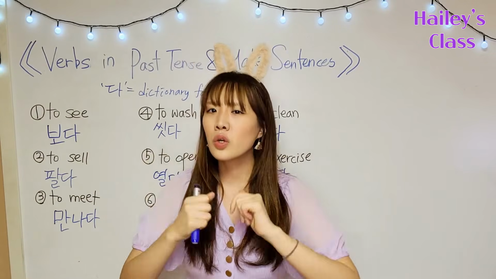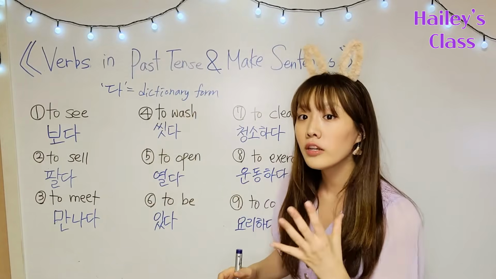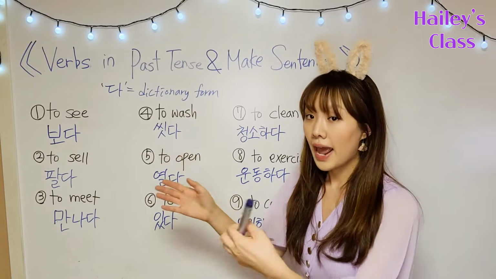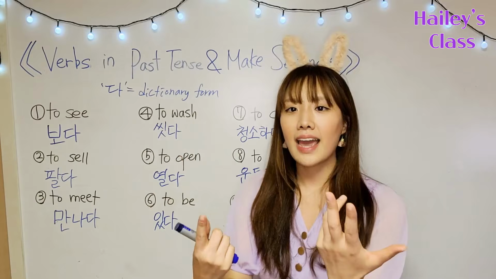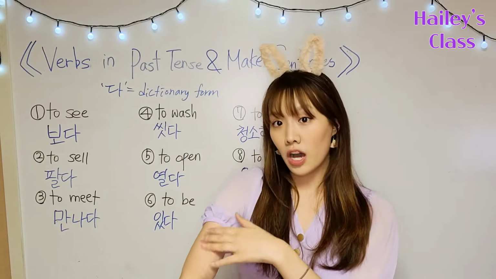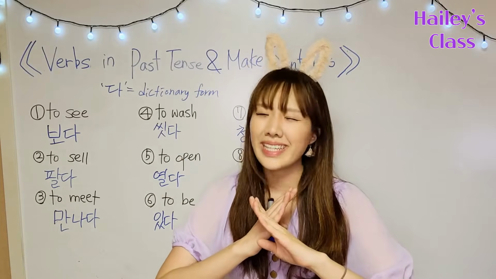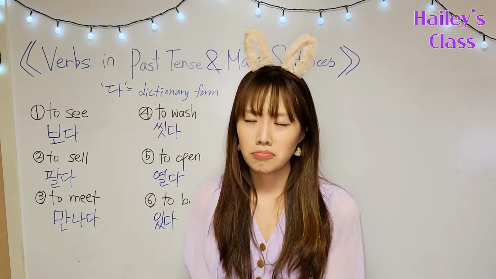But in Korean, there is a dictionary form. When you want to find the word 씻다 in the dictionary, you just find 씻다. But when I say, oh, I washed, we don't say 씻다. When we say it, we have to change it.